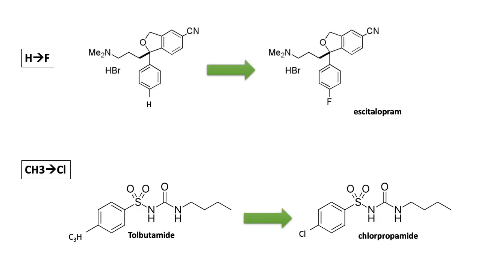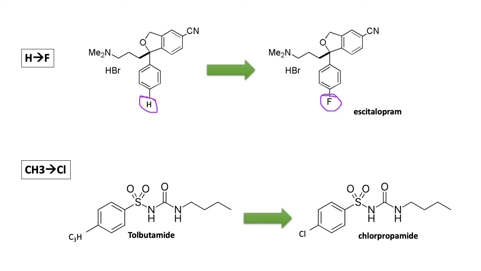Next, let's consider some examples of isosteres. For example, citalopram, which is an antidepressant known as a selective serotonin reuptake inhibitor. If you take this hydrogen, it can be replaced by fluorine.